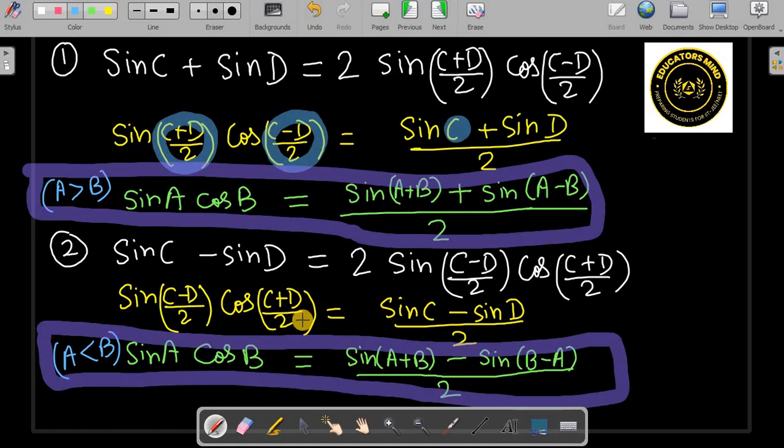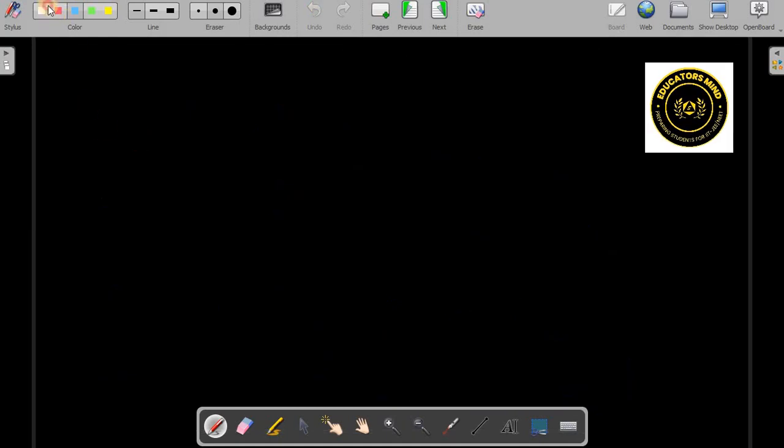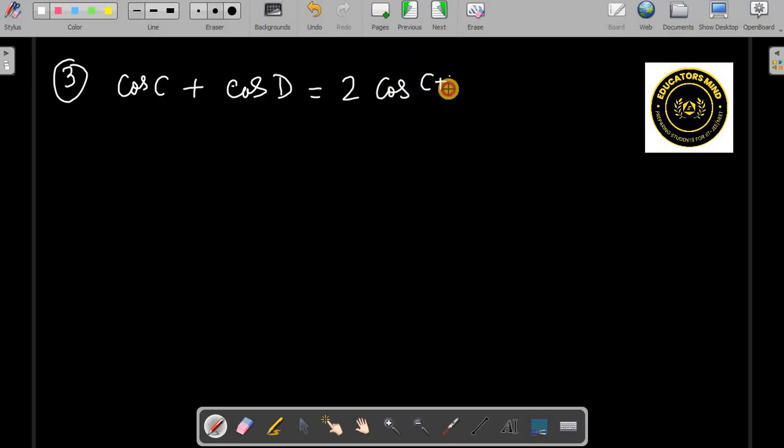Then next, take the third formula, cos C plus cos D. Cos C plus cos D is 2 cos (C plus D) by 2 and cos (C minus D) by 2.